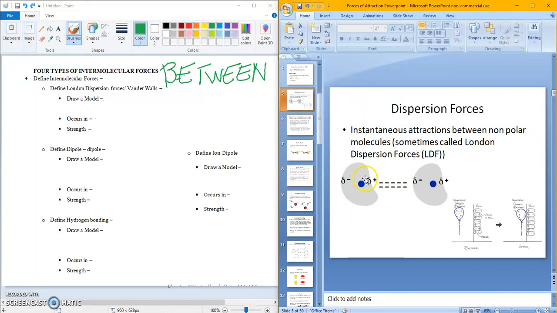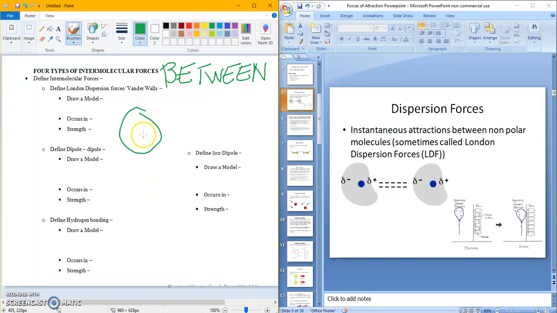So, thinking about it, if I have a blob that is neutral, let's go over here. I have a blob that has a nucleus, so it's got a positive charge. And then it's got its electron density all around it. And then I have another blob with a positive charge and electrons around it.